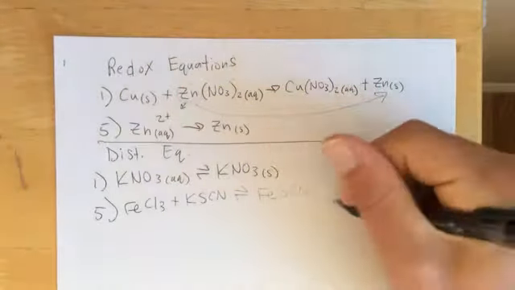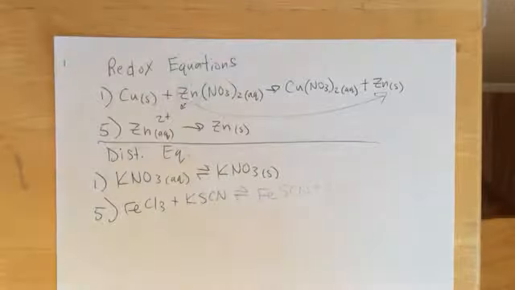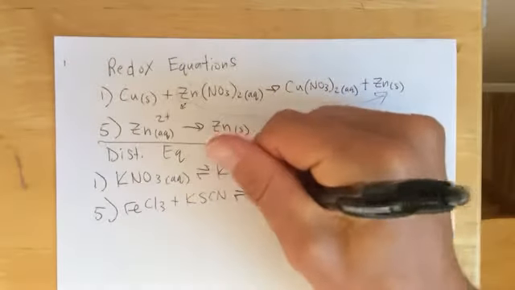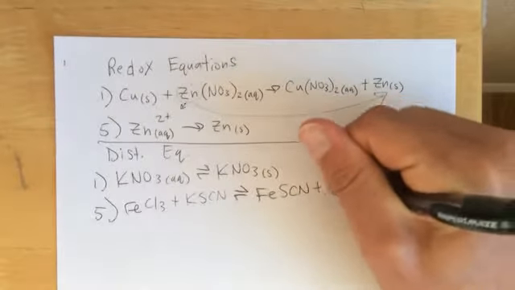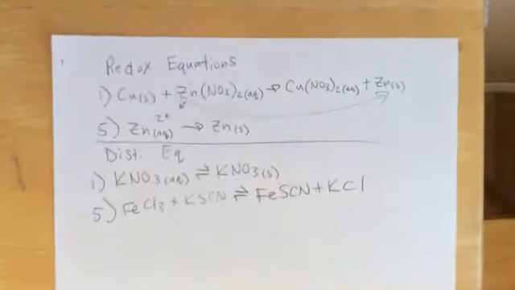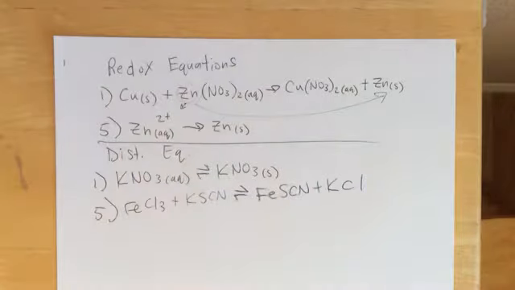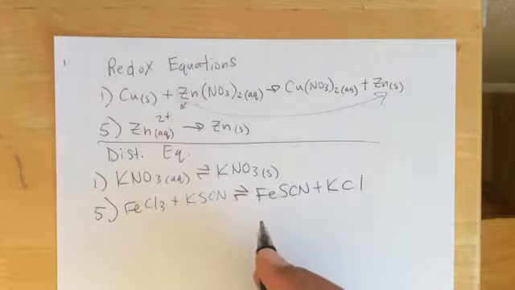Oh no, my pen died. Alright. Iron thiocyanate and potassium chloride. So that's going to be your balanced equation for number 5 on disturbing equilibrium.